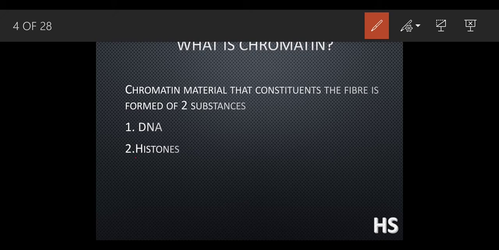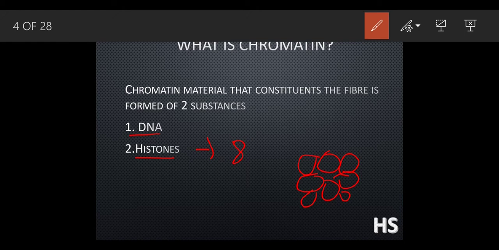Histones are proteins which are 8 in number, the 8 histone balls. And the first one is the DNA.